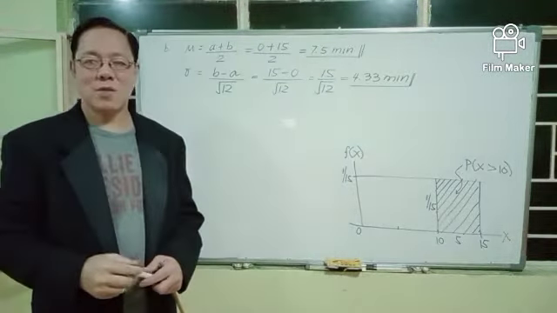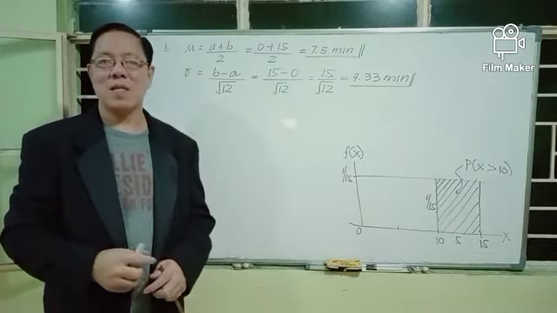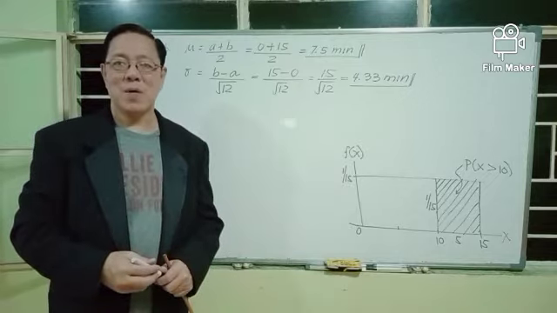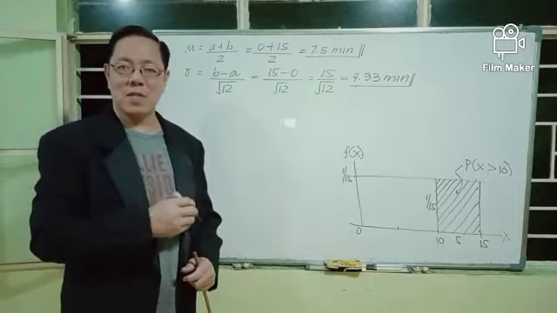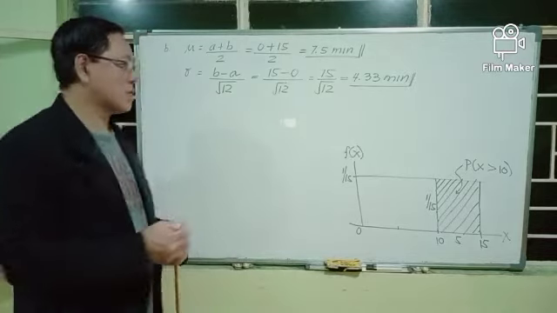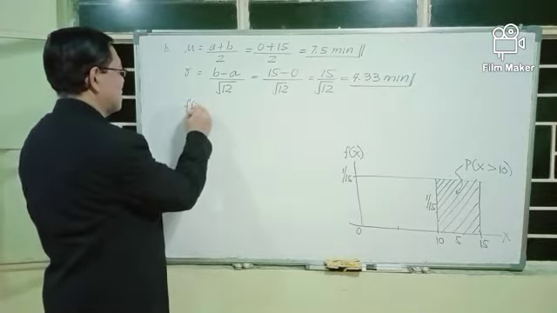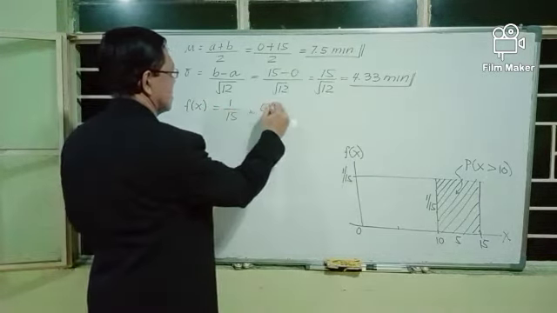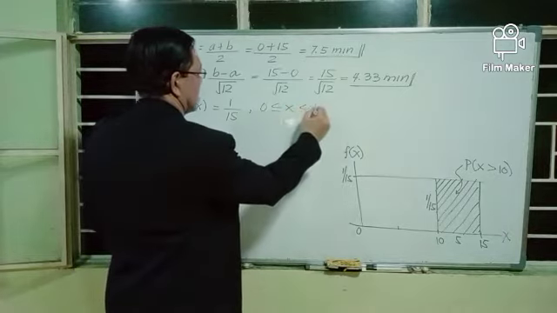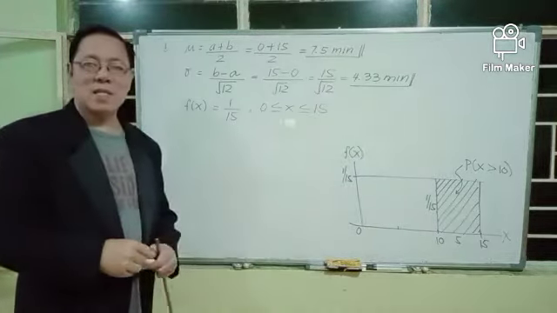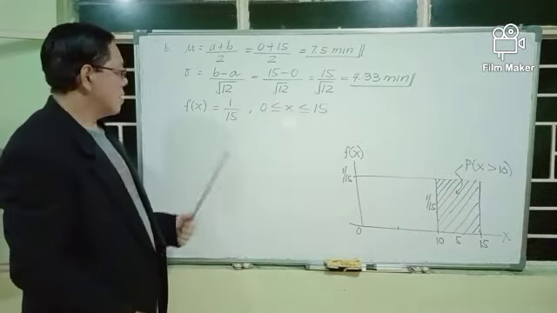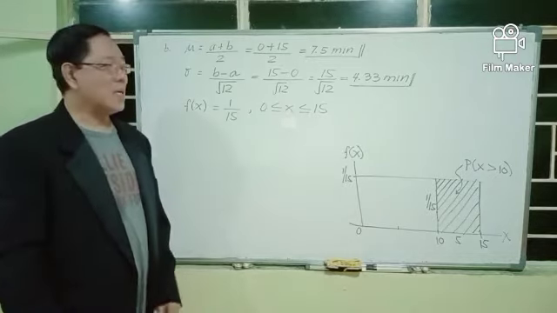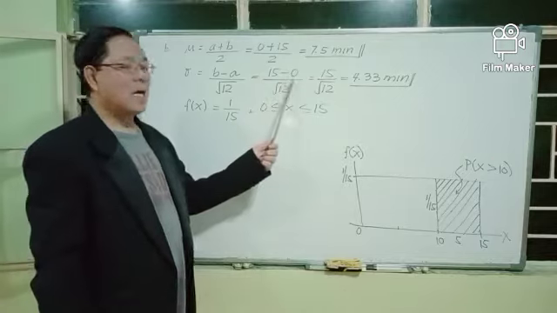In letter B, we are asked to sketch the graph of the probability density function f of x. And in letter A, we defined the probability density function for this particular example as follows. Our probability density function is f of x equals 1 over b minus a, where b is 15 and a is 0.